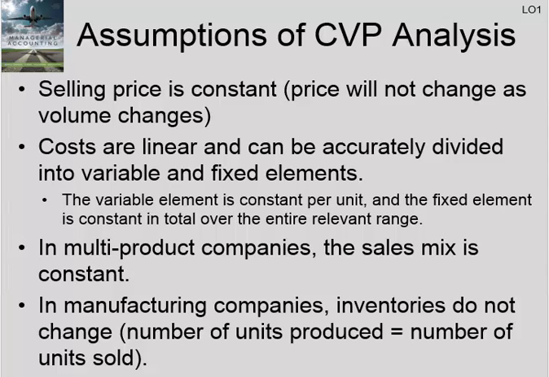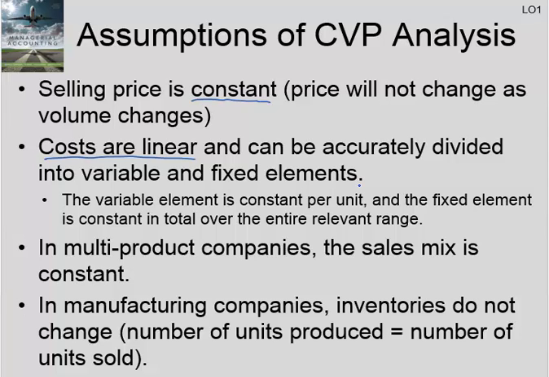so obviously this is going to have several underlying assumptions. One is that the selling price itself is going to be constant at every level of volume. So there's no volume discounts that we're playing with here. Big one, costs are linear within the relevant range that we're looking at. And of course that we can divide them into fixed and variable.